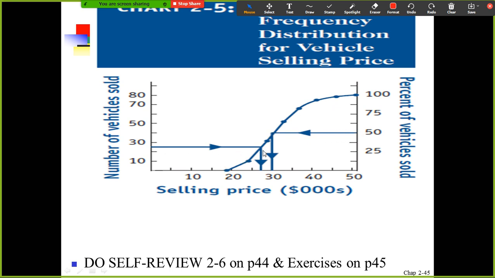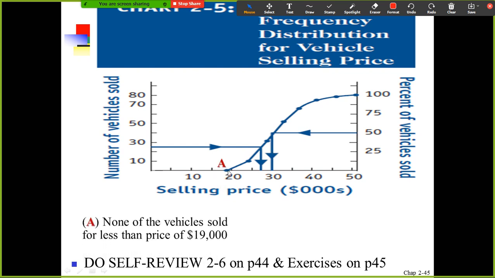I can give you four points. Point A, this one: none of the cars were sold at less than this price. How to get this price?